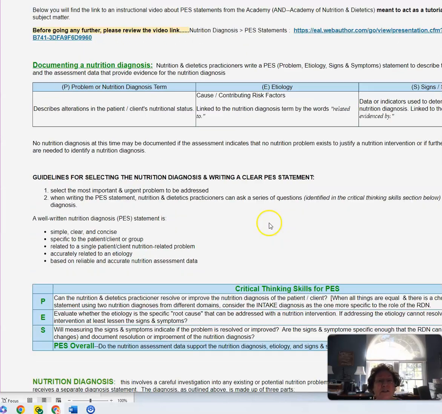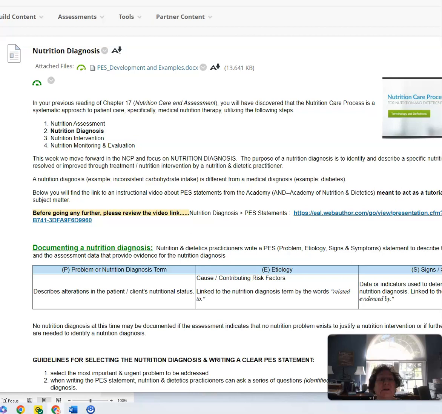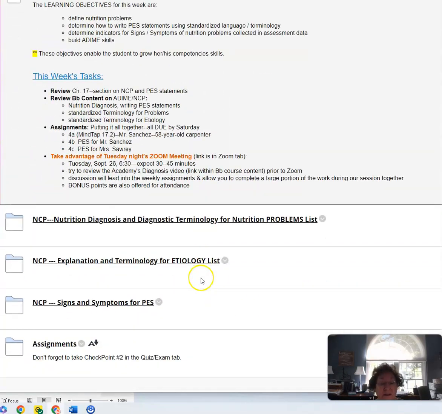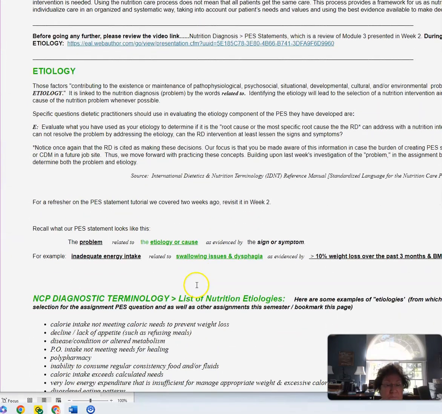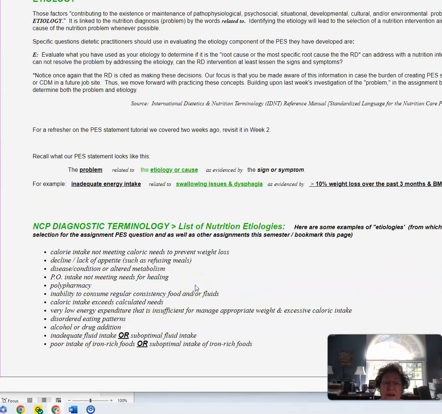All right, now let's go to the etiology folder. Here again, we see a list of standardized terminology. So the etiology for our problem of inadequate energy intake was related to lack of appetite, the second one listed here.